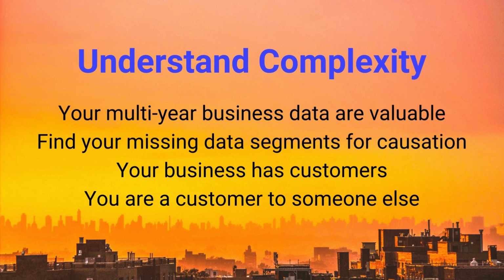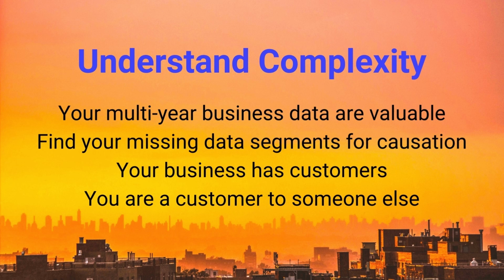And then, of course, if you now have an AI system, you have to find your missing data segments. Because now that you have the data aligned in a way that it is easy for machine learning algorithms to analyze them and find patterns, you might see, hey, some information is missing for me to optimize my business.